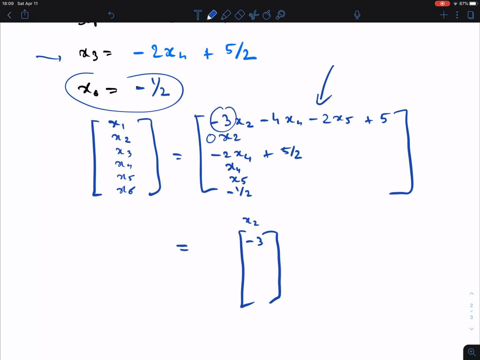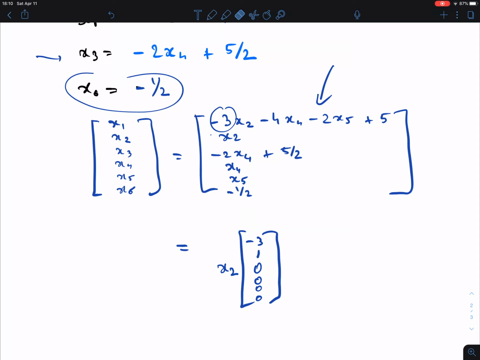We have a 1. There's nothing in the next rows, and none of the next rows have anything to do with x2 anymore. So this is x2 times this vector. The x2 really is a coefficient, right?